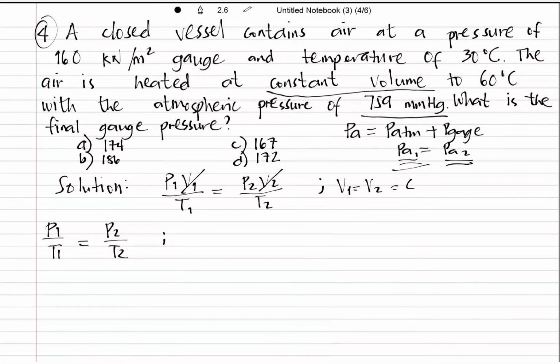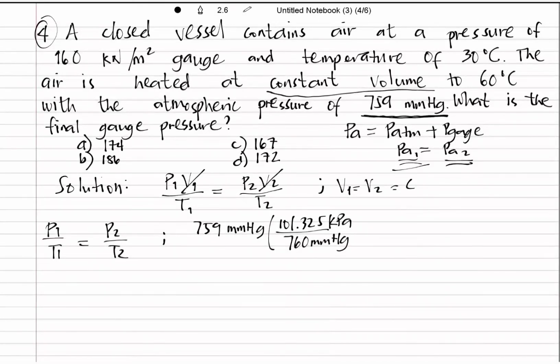So dito mo na i-apply ngayon yung principle ng absolute pressure. So absolute pressure is atmospheric plus P gauge. May binigay na atmospheric pressure na 759 millimeters of mercury. So 759 mmHg multiplied by 101.325 kilopascals over 760 mmHg.